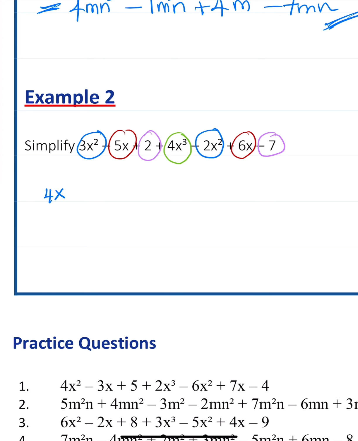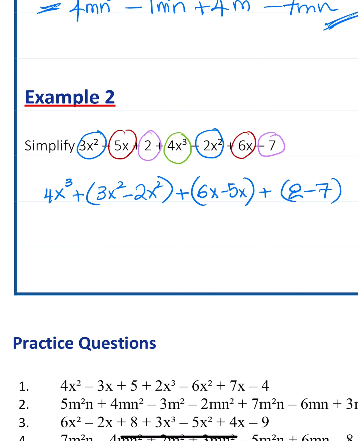So 4x cubed. Next highest is 3x squared minus 2x squared. And then the next highest is x. So 6x minus 5x. And then the next is 2 minus 7.